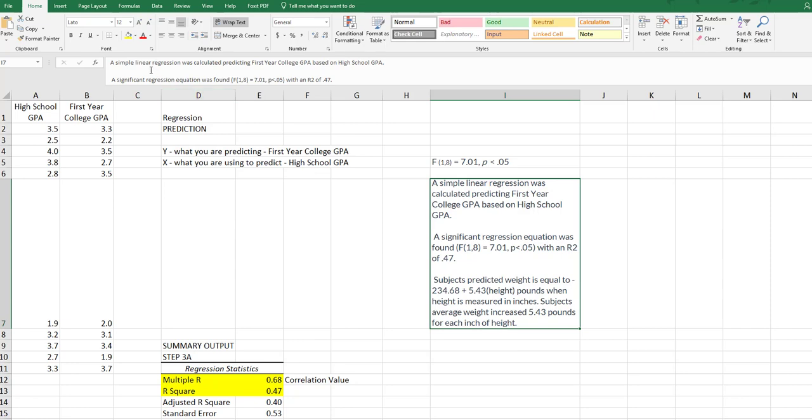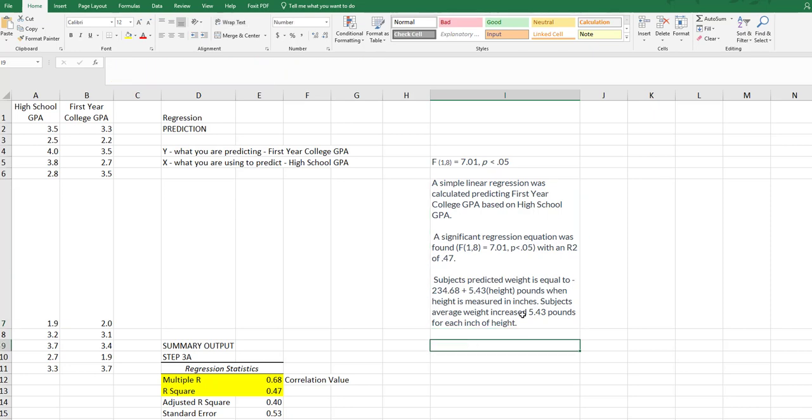Now the last sentence, this one is the most difficult, because what you are going to do is actually write out our regression line equation in words, in a narrative format, okay? So as a review, my regression line equation, if you heard it from math class, it's y equals mx plus b, but in this class, that's not what we're working with.